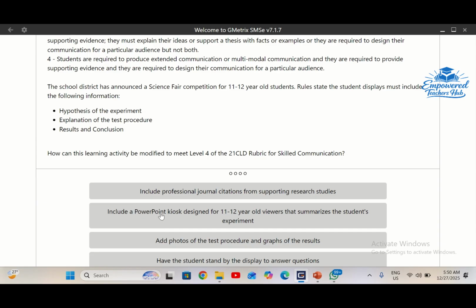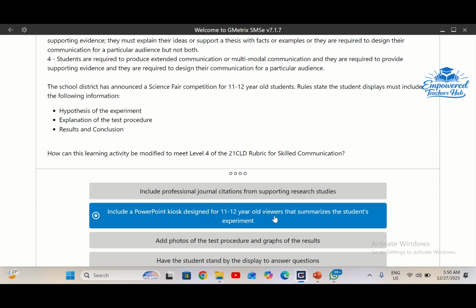Include a PowerPoint kiosk designed for 11 to 12-year-old viewers that summarizes the students' experiments.